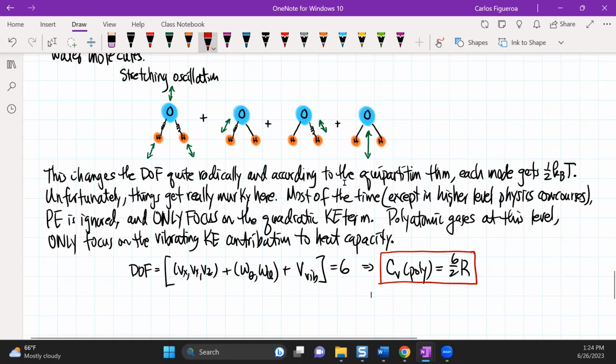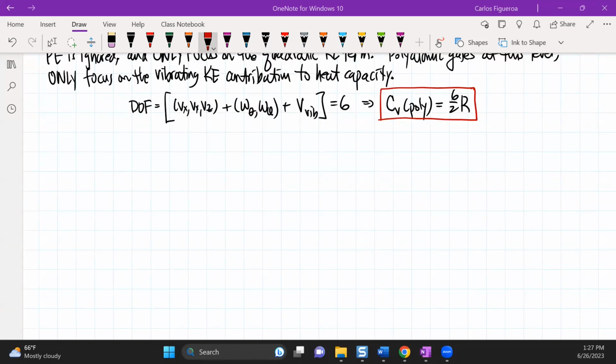So now what I want to do here is look at the values that we have right here. As one can imagine, the extension to polyatomic is not going to go well. So here we go. Here's the predictions. We have CV equal to 3R.